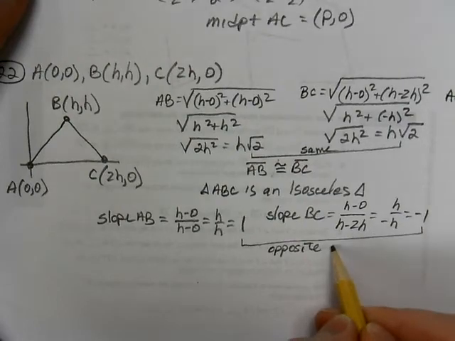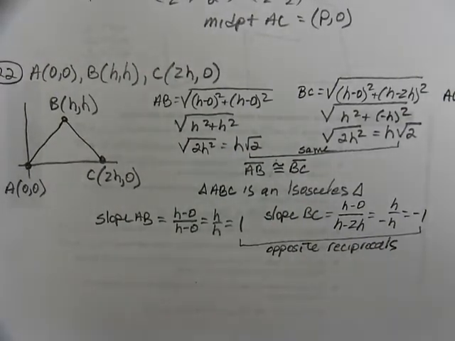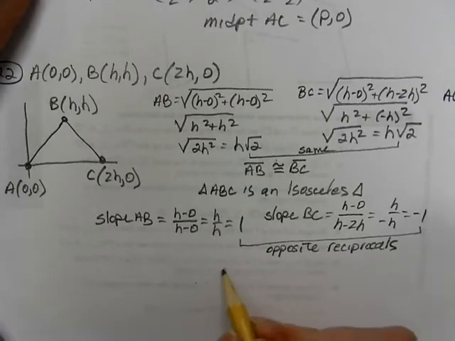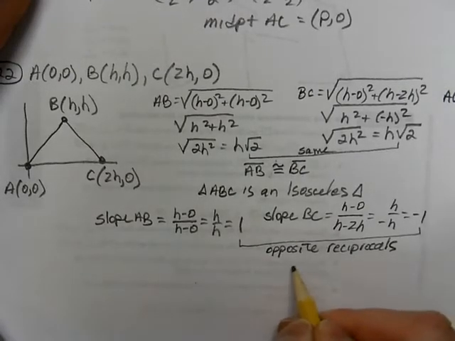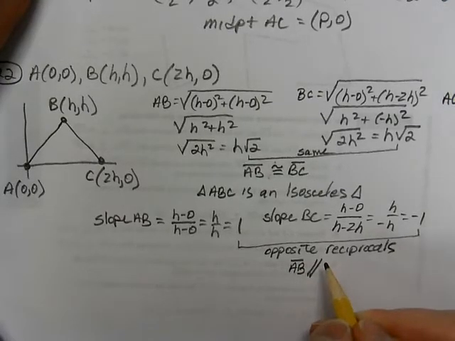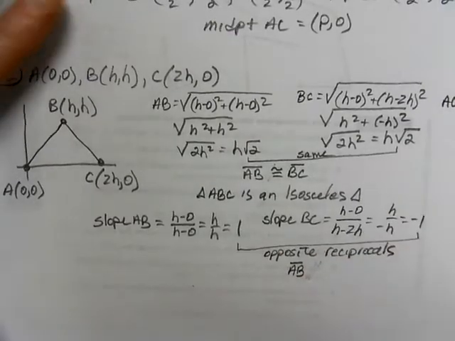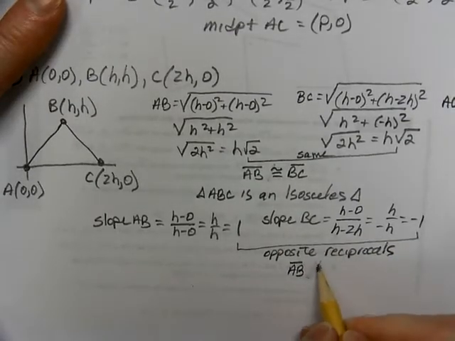These are considered opposite reciprocals. If they're opposite reciprocals, then I know that AB is parallel. Oh, sorry, they're not parallel. Perpendicular to BC.